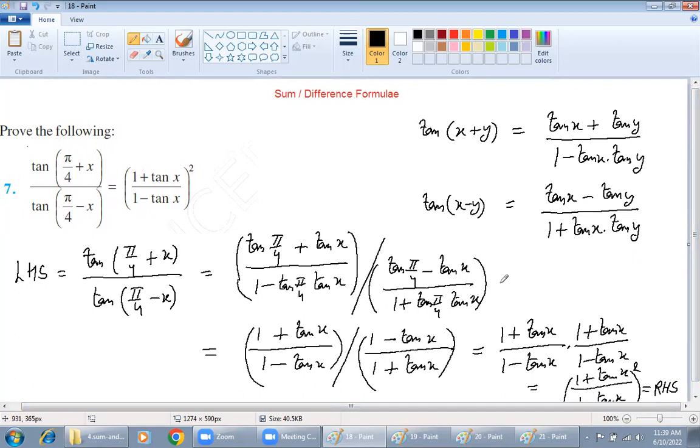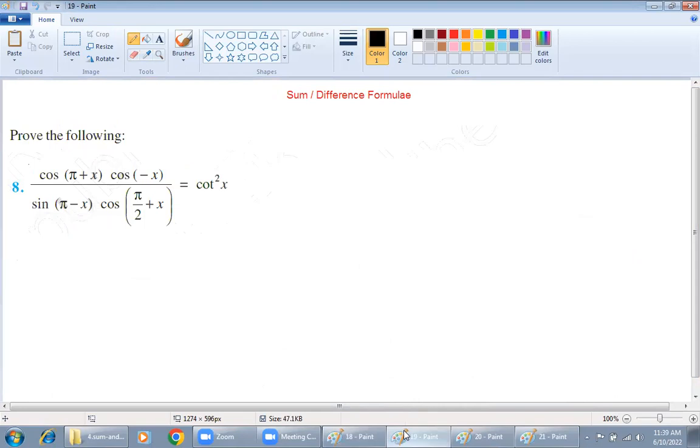Next, we have to prove the following. Here we'll be using the formula for cos of x plus y, sine of x minus y, cos of x plus y, which is again same.